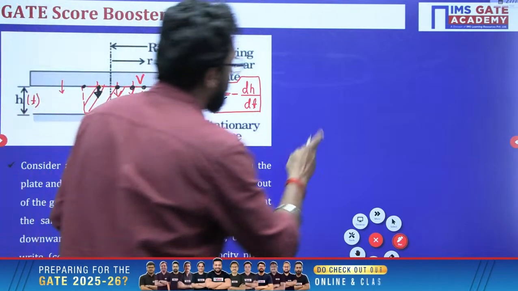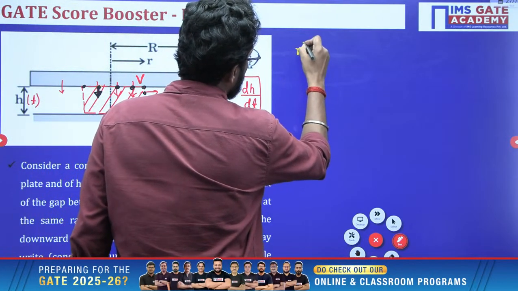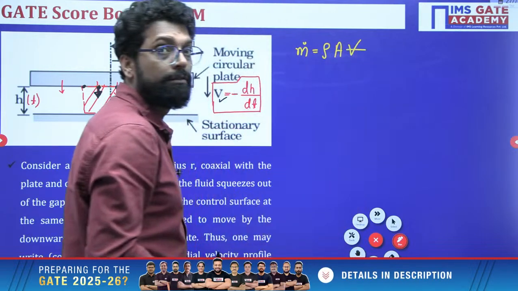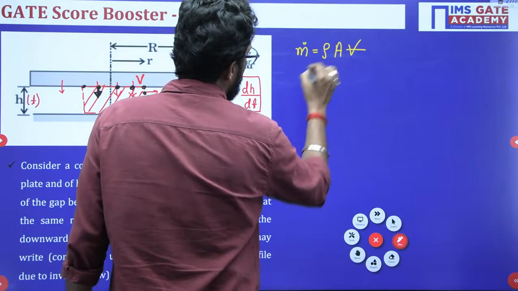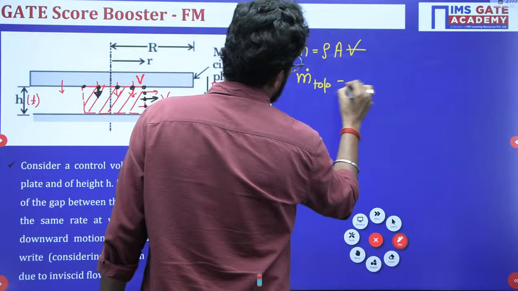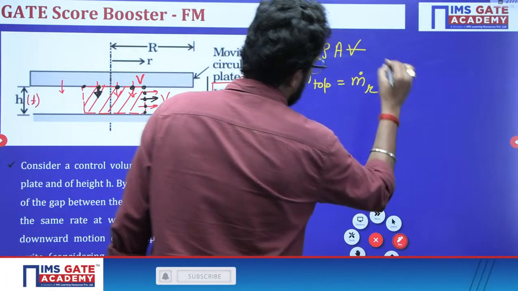So what is the mass flow rate? Density times area times velocity. Density is the same. That means the mass flow rate at the top is the same as the mass flow rate at the radial location r.